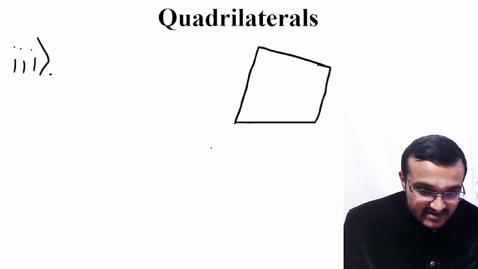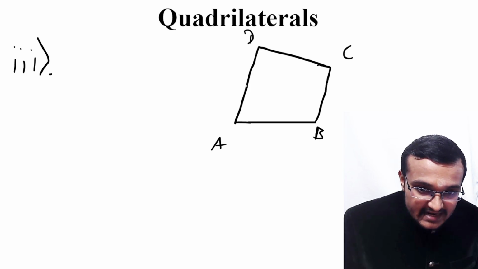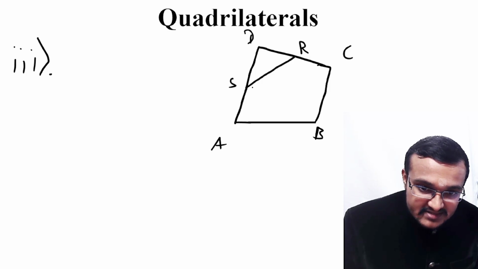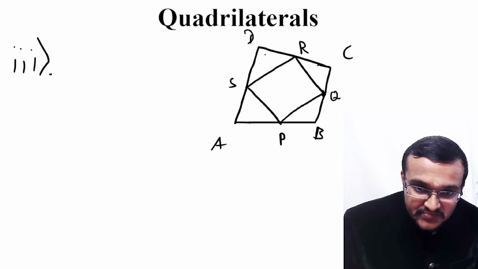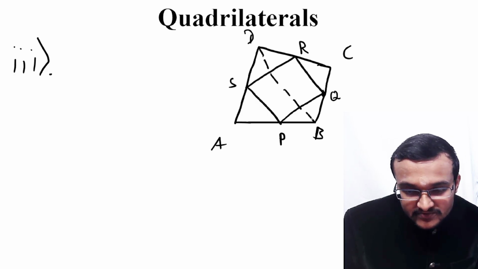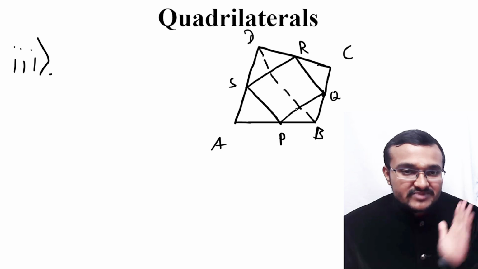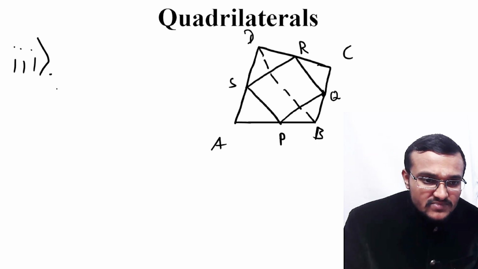Once again, I'll draw the diagram ABCD, with S and R, and P and Q, forming the figure SPQR inside. Now we take DB as the diagonal of quadrilateral ABCD.